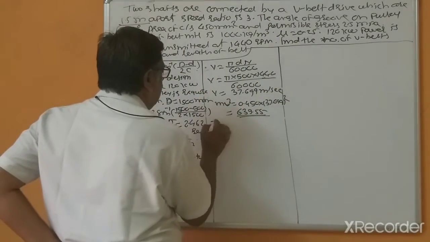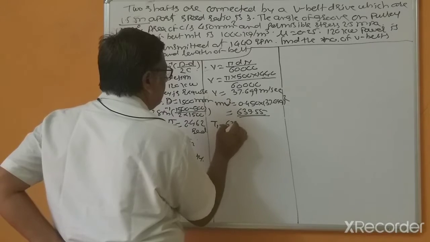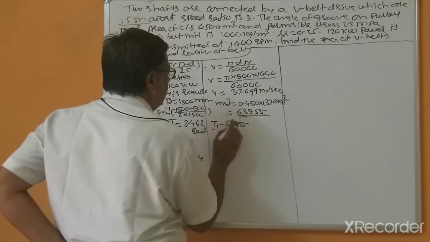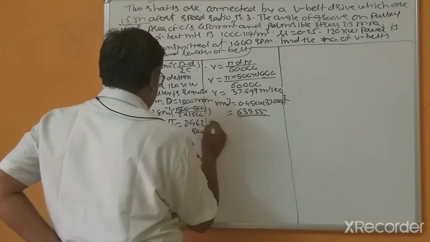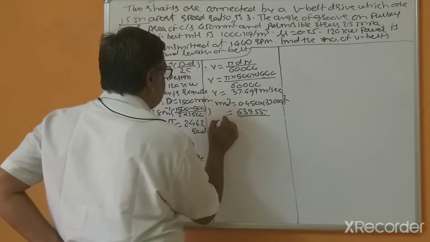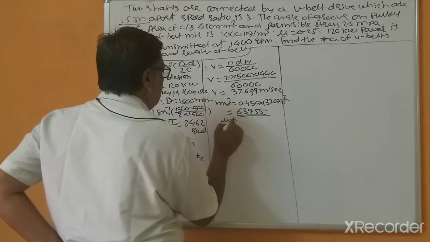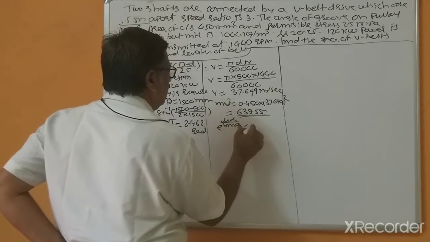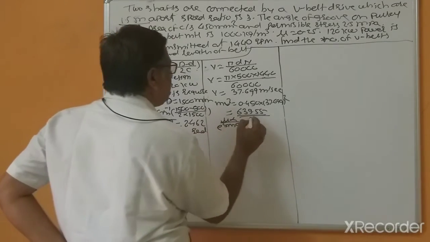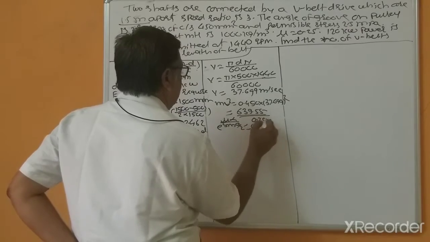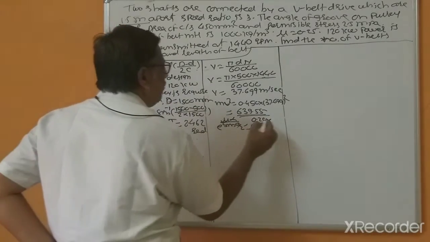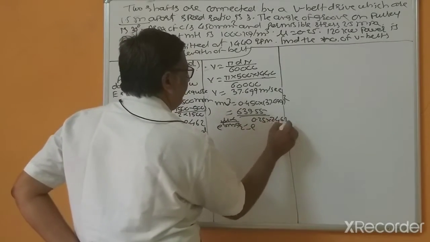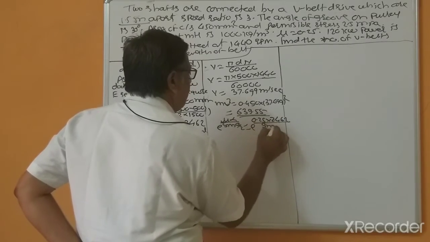Now T1 minus 639.55. Again we will calculate the right hand side terms, e to the power mu alpha divided by sin theta by 2. Coefficient of friction 0.25 multiplied by radians 2.462 divided by sine of the angle.